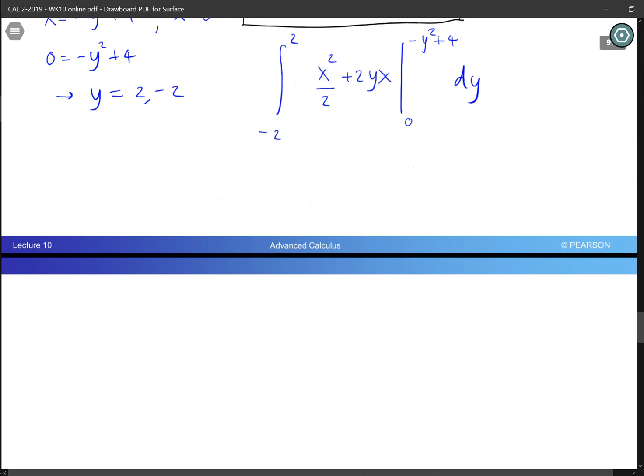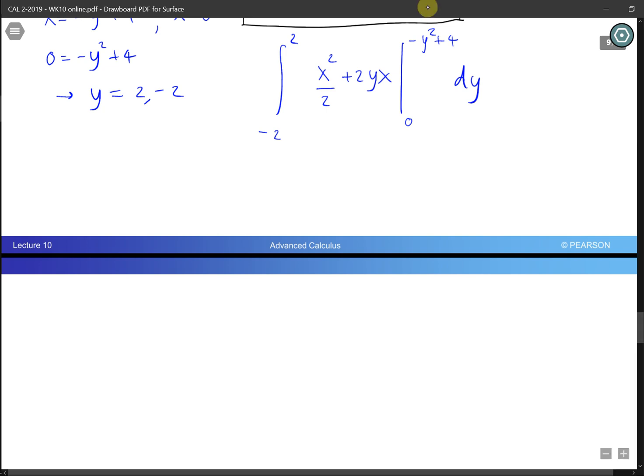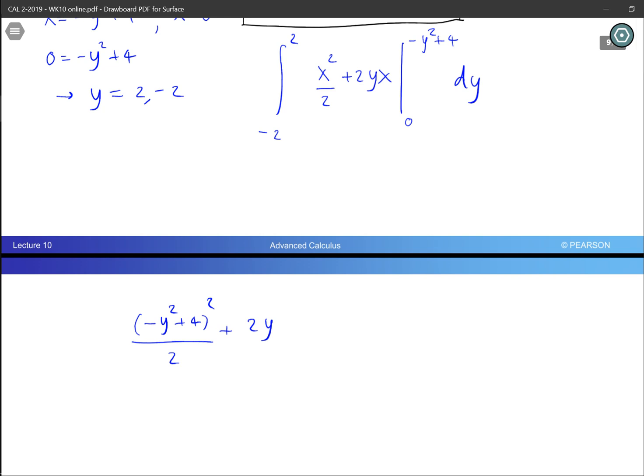Okay, now let's continue with that. We need to substitute that minus y squared plus 4 in place of x. So it's going to go in, becomes minus y squared plus 4. This is x squared, right? So square here over 2 plus 2yx, x now equal to minus y squared plus 4.